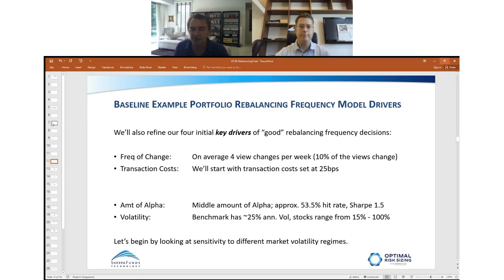And volatility regime: when volatility changes, how does that impact your frequency of rebalancing? And this is kind of important. We'll come back to this a little bit later, but many PMs we find are ex ante constrained to a certain amount of turnover. And the point being that as volatility rises, you should probably revisit that number. And we'll explain how that is later.